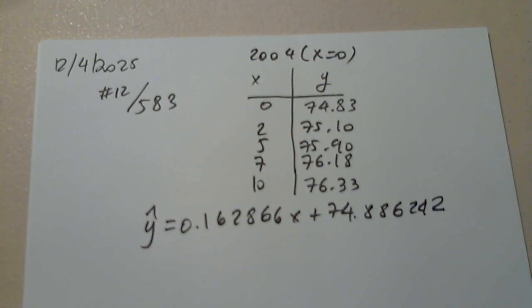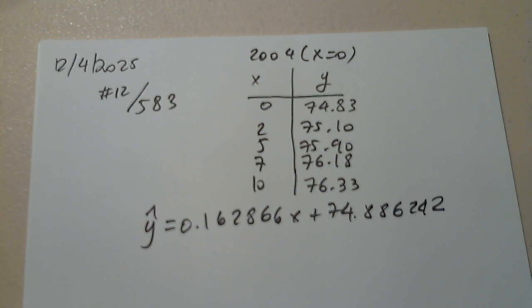Now, the problem should also ask to predict. So it says use a regression line to predict the life expectancy of men in 2025. So we know that x equals 0 represents 2004. So this is 21 years later. So when I go to the calculator, I just simply plug in 21.